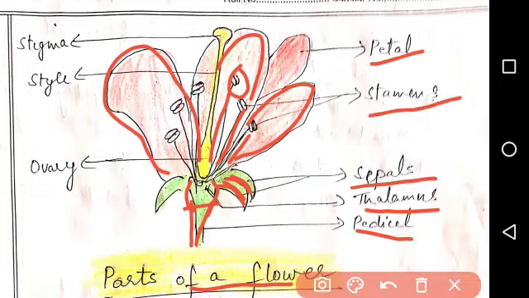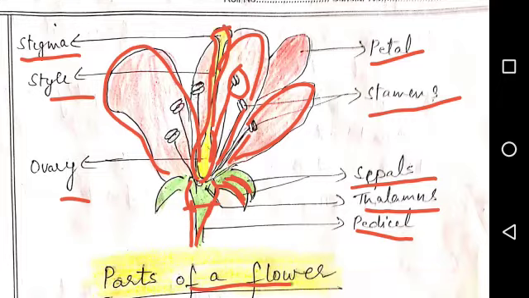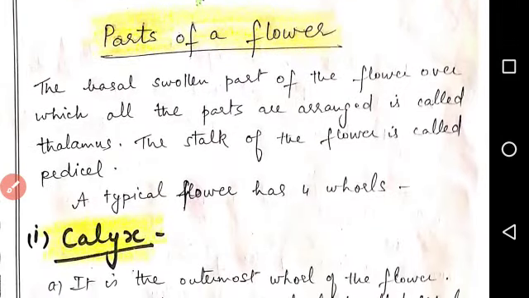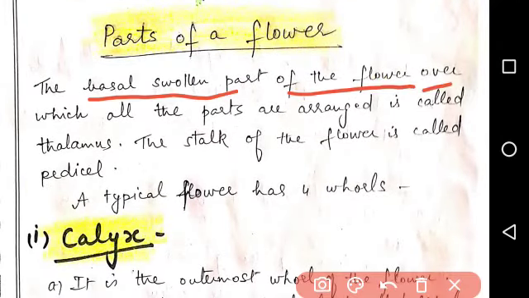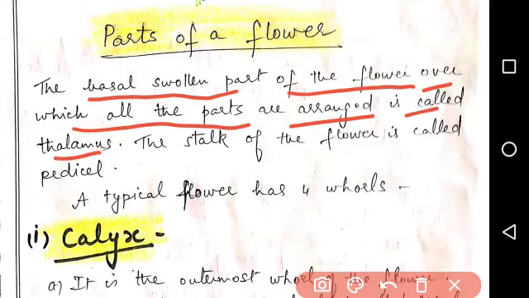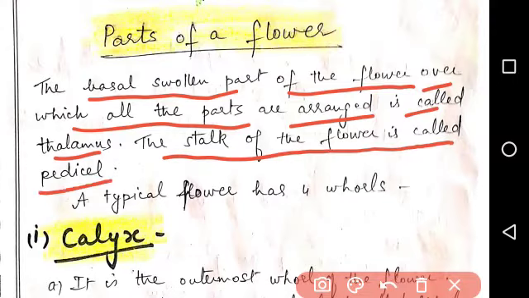And in the center we can see a long part which is called the pistil. The pistil has 3 parts: stigma, style and ovary. So we will study all the various parts of the flower one by one. The basal swollen part of the flower over which all the parts are arranged is called the thalamus. The stalk of the flower is called the pedicel.